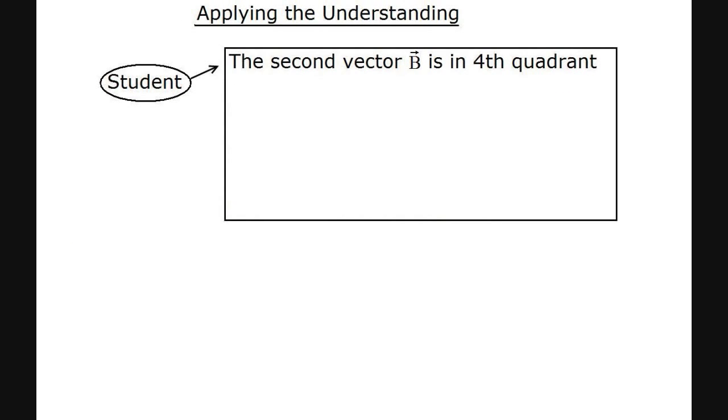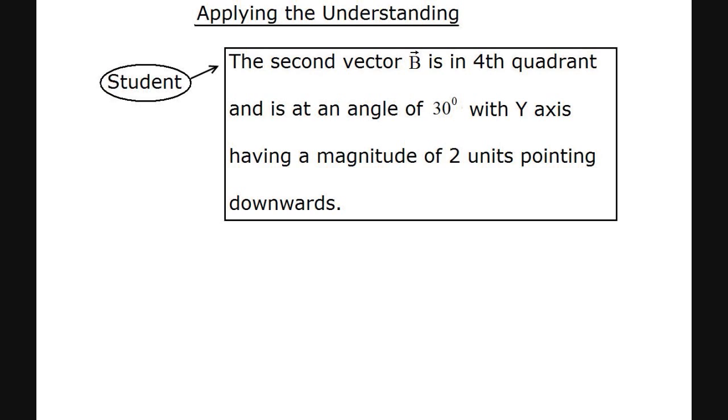The second vector B bar is in the fourth quadrant and is at an angle of 30 degrees with the y-axis, having a magnitude of 2 units, pointing downwards.